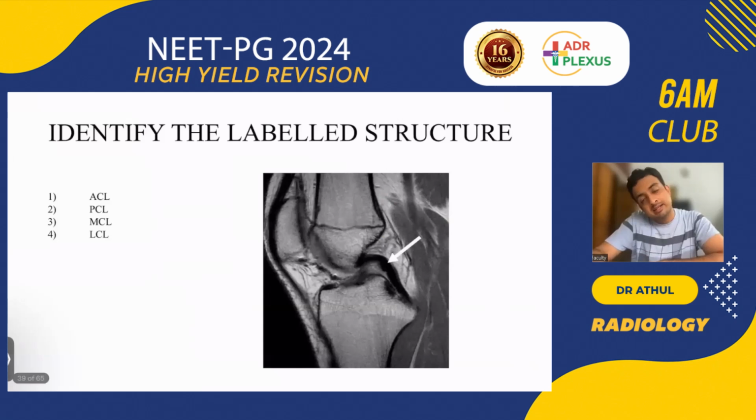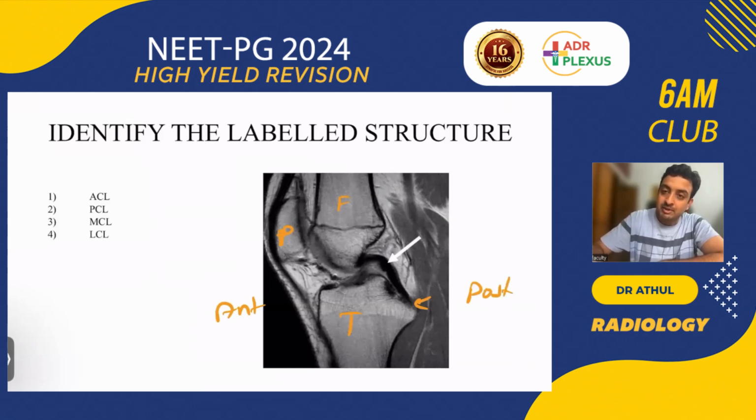Again, last INI-CET question. You should know the anatomy. If you know the anatomy, please answer A, B, C, or D. So this is the patella. This is the femur. This is the tibia. You are seeing a ligament that is attached to the posterior portion of tibia.